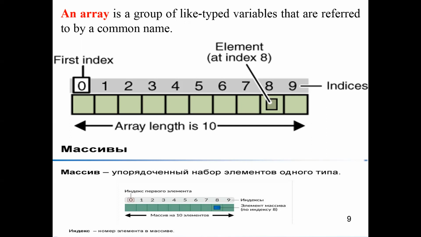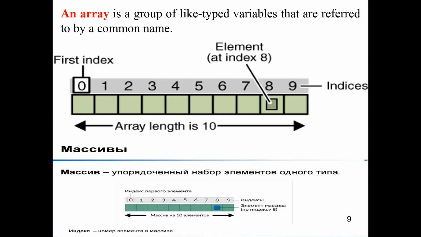The first index is always 0. The second index is 1. The third index is 2. The fourth index is 3.